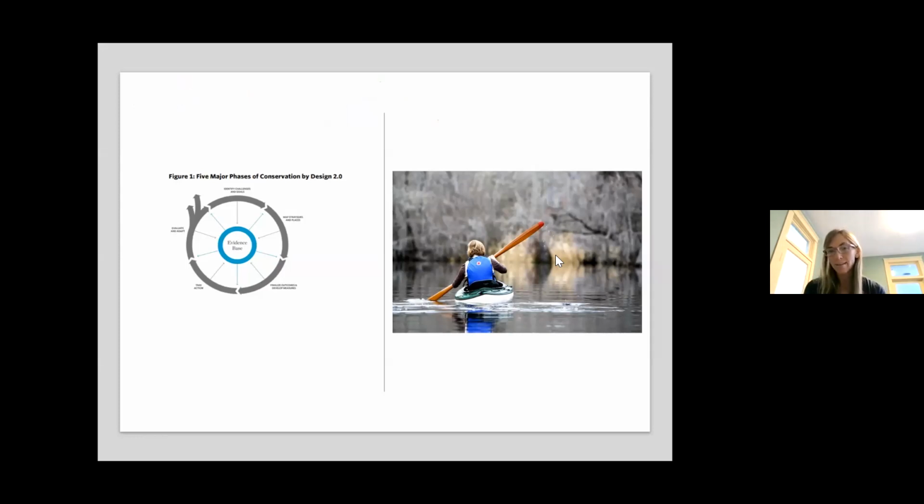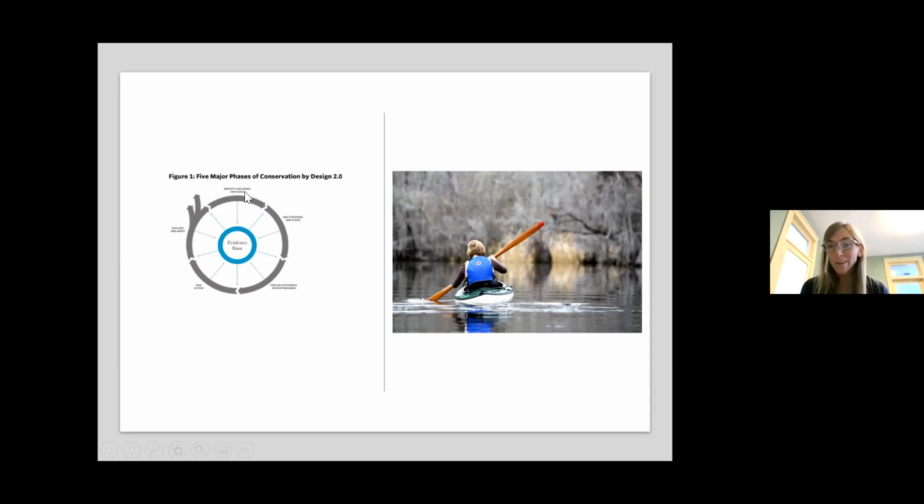I've had the opportunity to train through a program called the Open Standards for Conservation. And so I often think about that conservation by design planning wheel that we all hope we're applying to protect the places that are most important. Gosh, I can hardly read this, so I doubt you can.